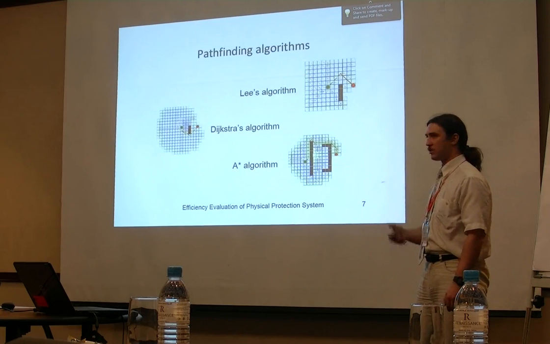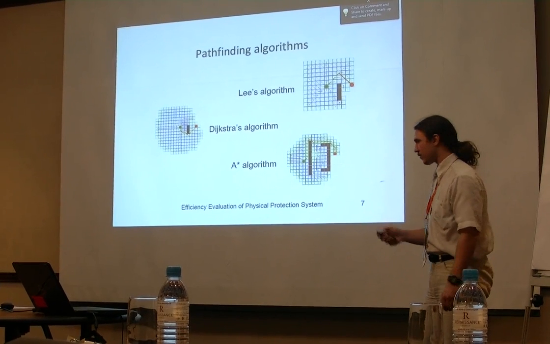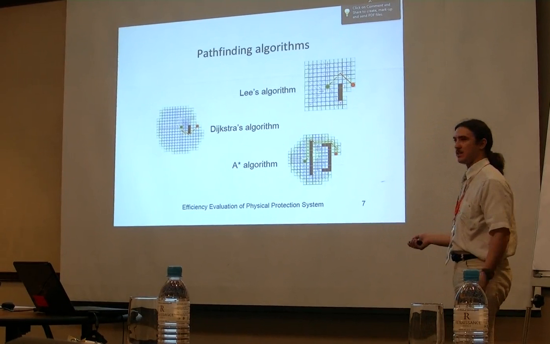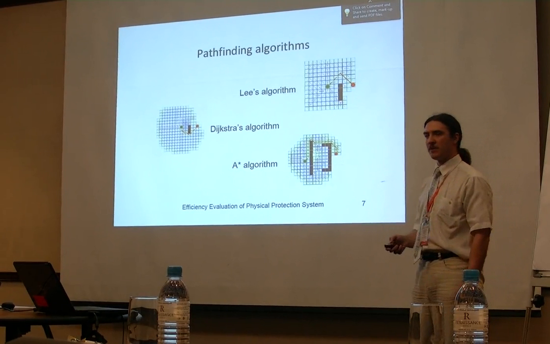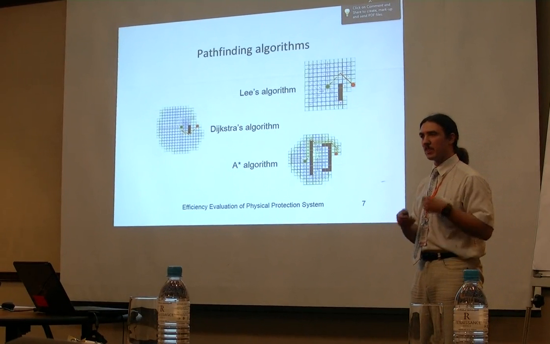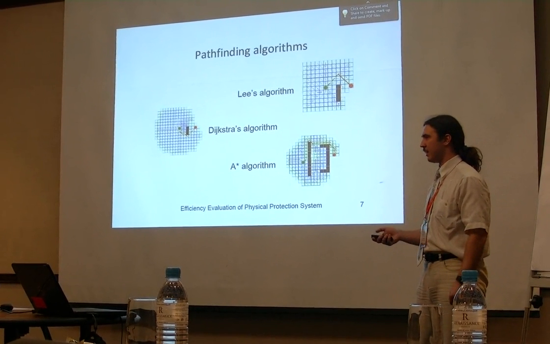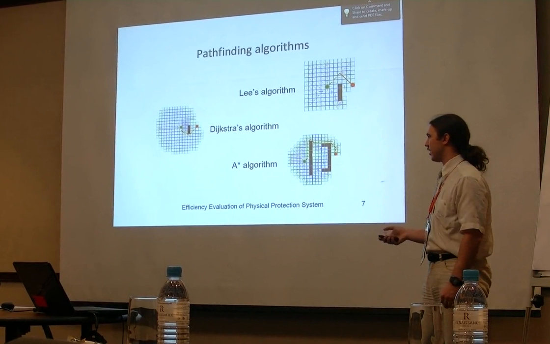Of course, there are a lot of path-finding algorithms. We know them from graph theory, like Lee algorithm, Dijkstra algorithm, or A-star algorithm. However, they have been developed to solve a more general task in graph theory, and they have to be modified to be applied to a security system.